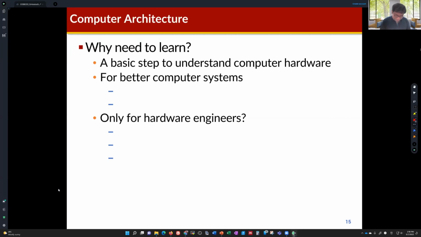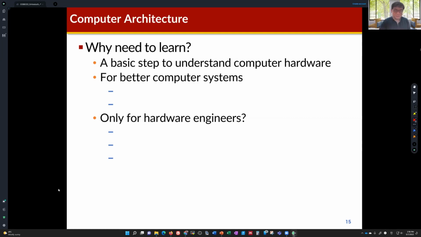The computer architecture course is the basic step to understand computer systems or computer hardware. Everyone knows that computer software runs on computer hardware. In order to understand the performance of our computer system or our software or applications, you need this, because you are not a coder, you are a computer engineer.